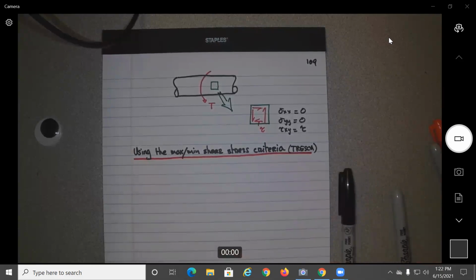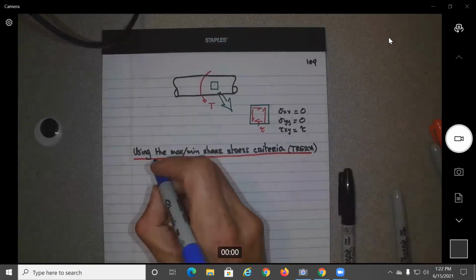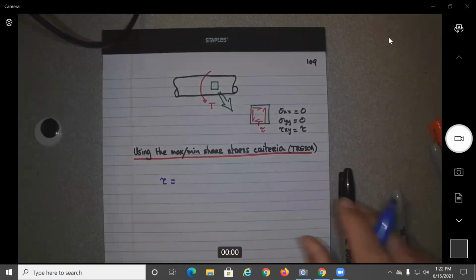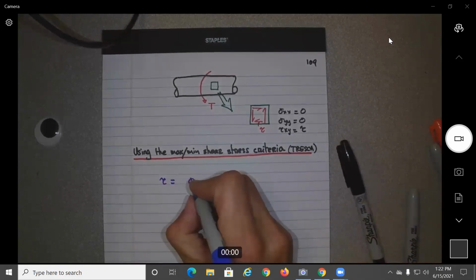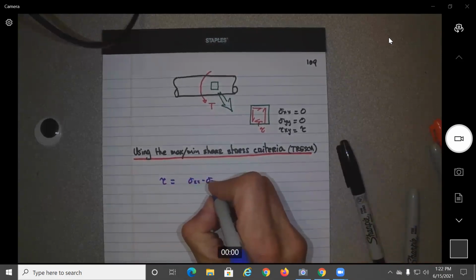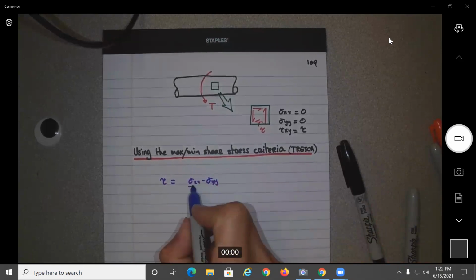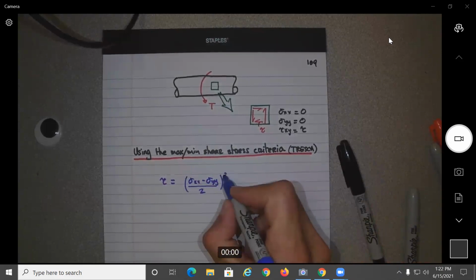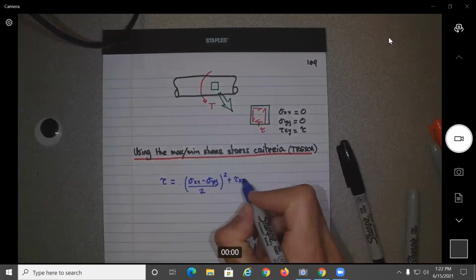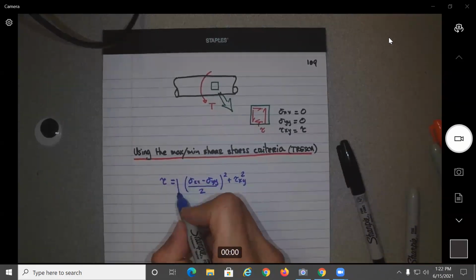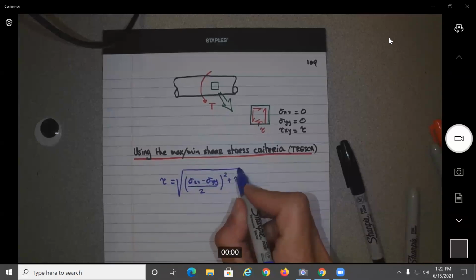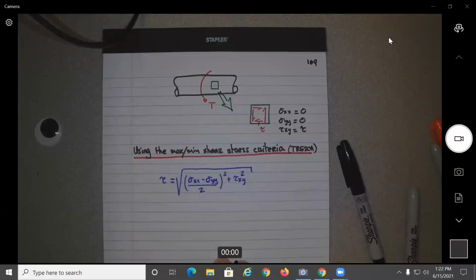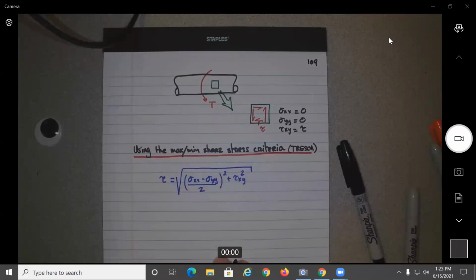What was the equation that I gave you? Tau will be equal to the square root of ((sigma xx minus sigma yy) divided by 2) squared plus tau xy squared. Okay, so we do the numerical substitution.